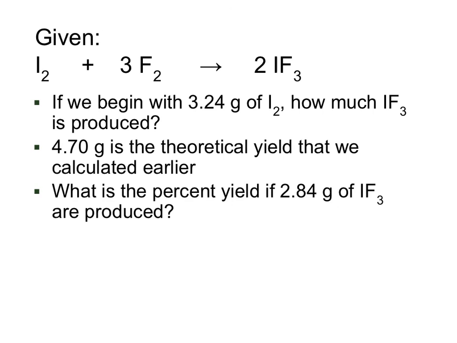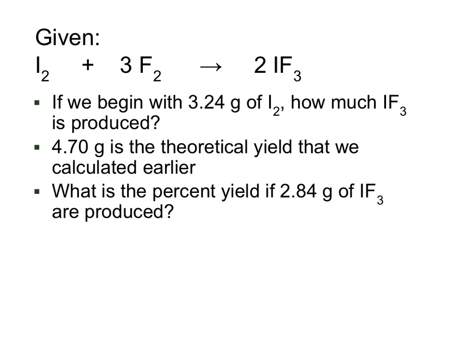Earlier, we performed a calculation that told us we could theoretically obtain 4.70 grams of IF3 if we begin with 3.24 grams of I2. So we go into the lab and we run this reaction, and we actually end up obtaining 2.84 grams of IF3.